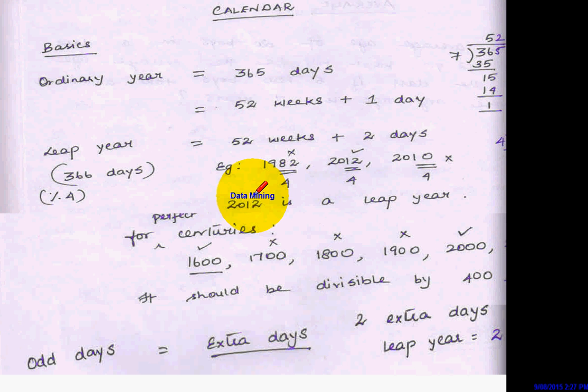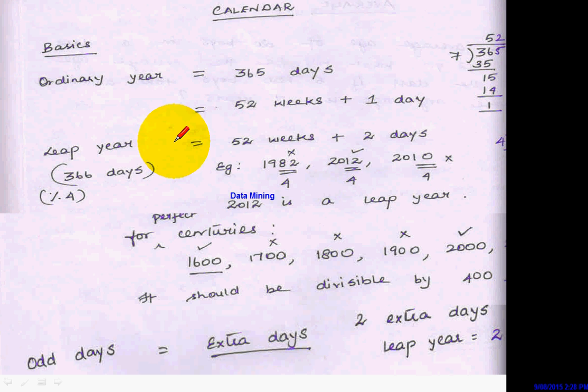As you see in this slide, the quotient is 52 and the remainder is 1. The quotient gives the number of weeks because they are multiples of 7, and 7 days give 1 week. So there are 52 weeks and the remainder is 1. This extra day is termed as an odd day. So in an ordinary year, we have 52 weeks and 1 extra day, which is an odd day.